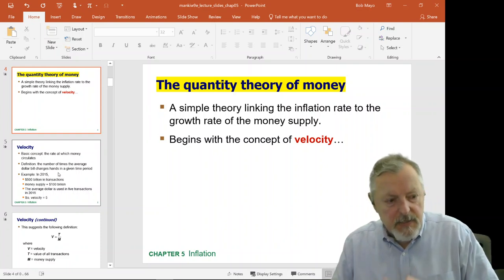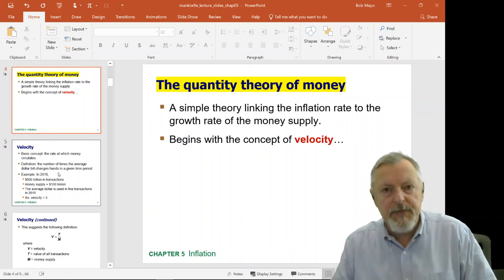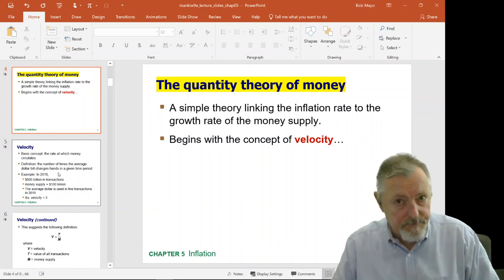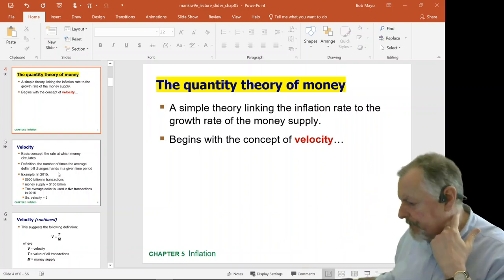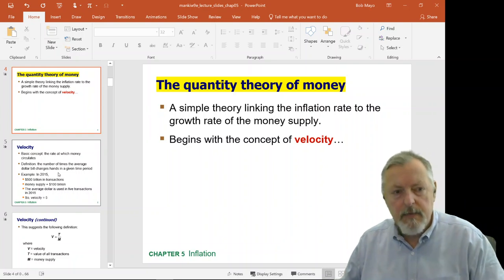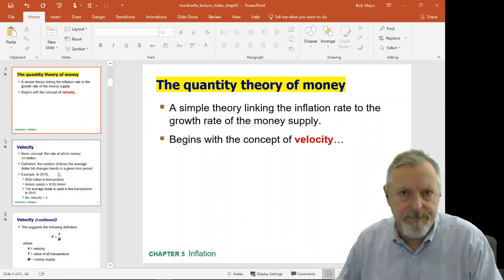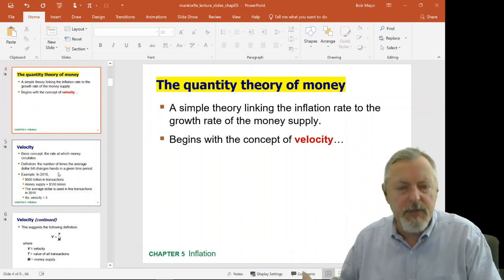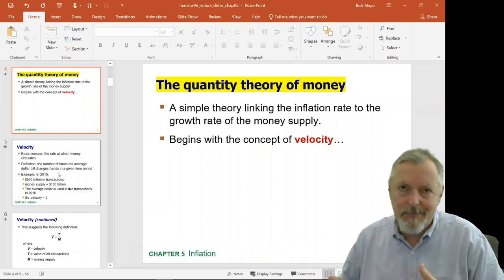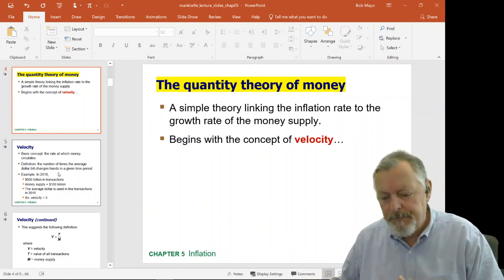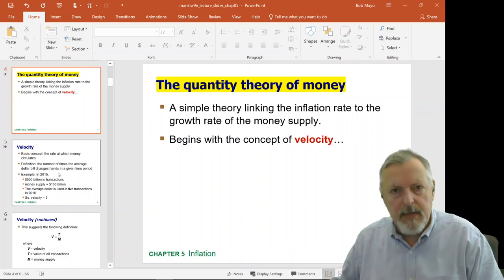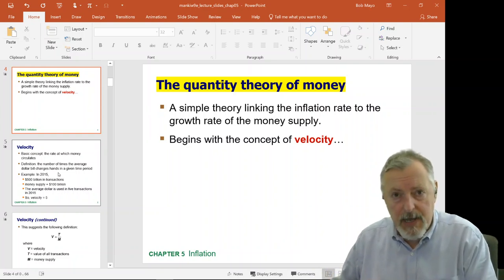To buy everything in the economy, you would have to use each $1 bill twice. So in 1 year, each bill would get spent twice. That's the velocity. It's just how many times you have to use, very loosely speaking, some quantity of money in a given time period, how often they turn over.